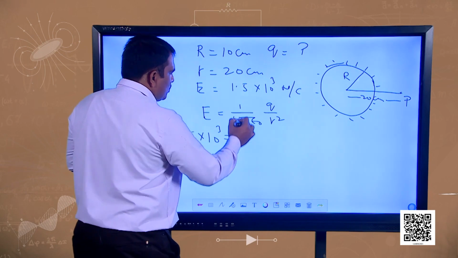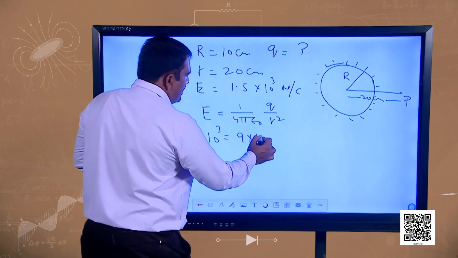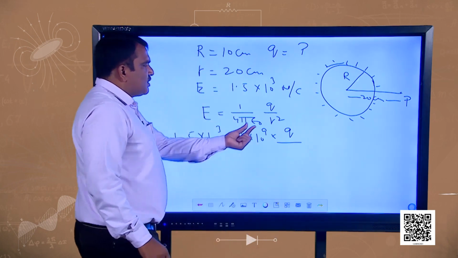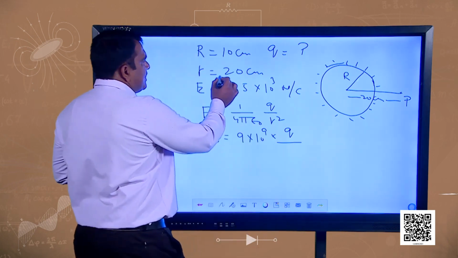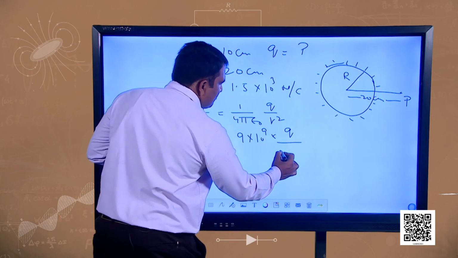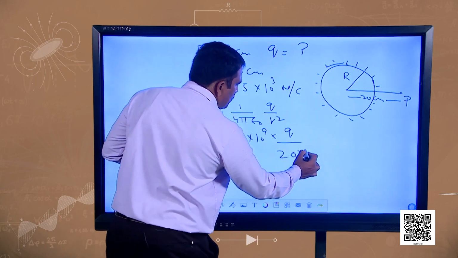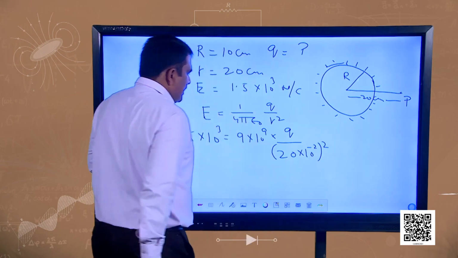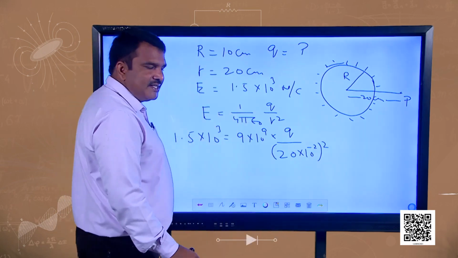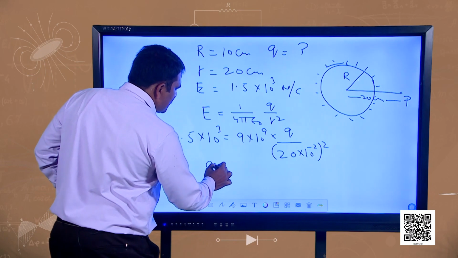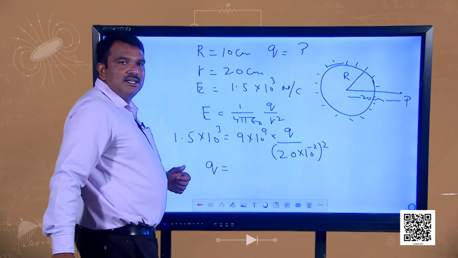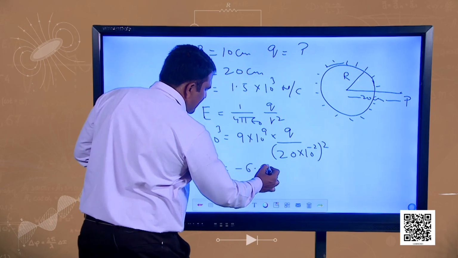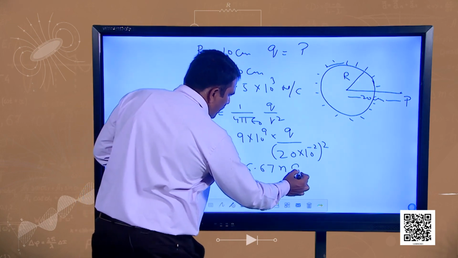The value of this constant is 9 into 10 to the power 9, q, and the distance of the point, which is 20 centimeter. You can just convert it into meter, 20 into 10 to the power minus 2 whole square, and by solving it you can easily get the value of the charge on the surface will come out to be minus 6.67 nano Coulomb.